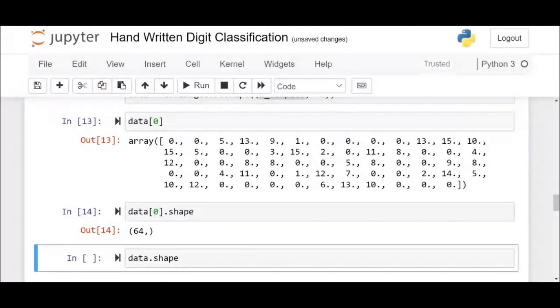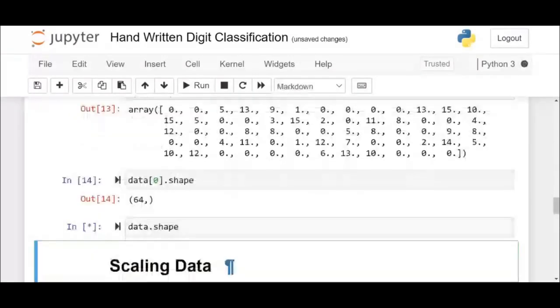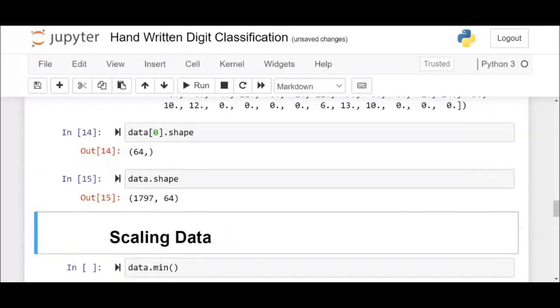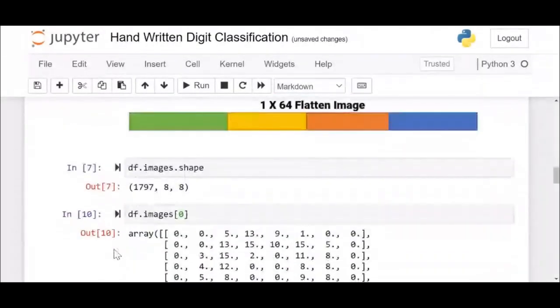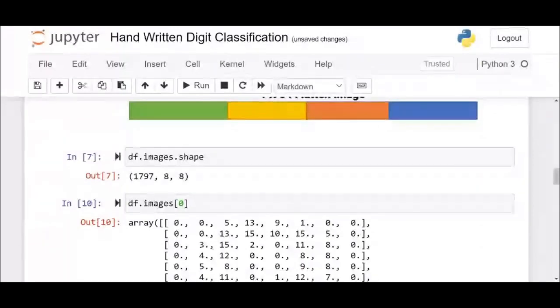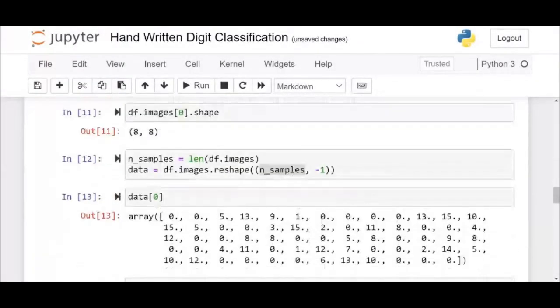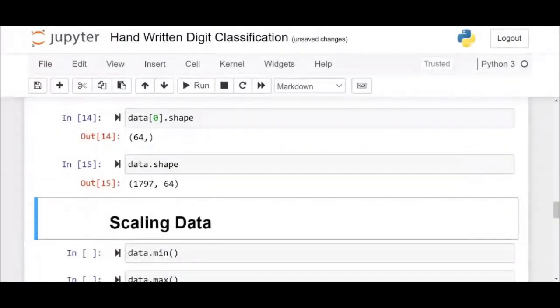So now there are 64 values in each image, and the shape becomes one-dimensional. So now my complete data set becomes 1797 rows and 64 columns. Is it okay? Now my complete data set, instead of 1797 images with 8 by 8 pixel, becomes 1797 images, and each image is flattened and becomes 64.